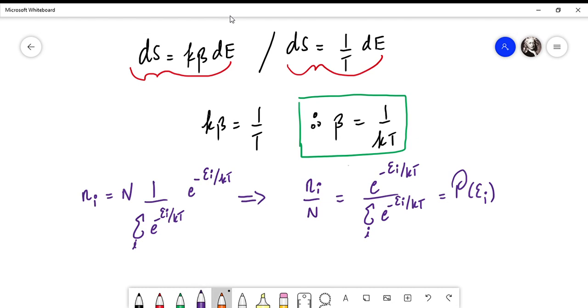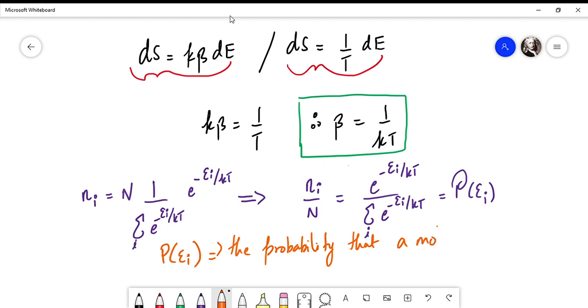If I have to write what is p epsilon, we can write pI as the probability that a molecule will possess energy Ej.